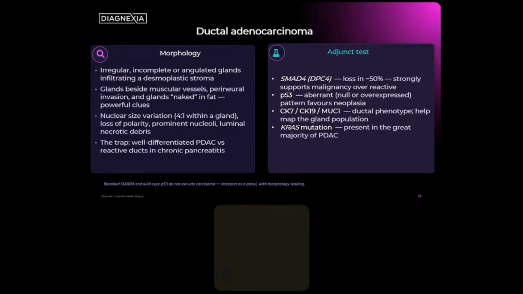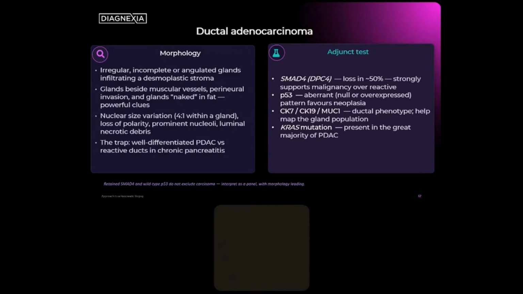I don't worry so much about mitoses, but if in a gland the nuclei show pleomorphism and they're large, usually the size variation is 4:1 compared to a normal gland, the nuclei are at different levels, they show loss of polarity and then prominent nucleoli. And if the ductular structure has attendant luminal necrotic debris, you're pretty certain that is a malignant gland.